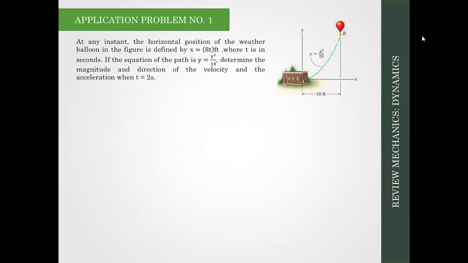natin derive, no? And si y is yung ating position vector, no? Siya yung path nung mismong weather balloon natin. So ibig sabihin, dependent sa kanya yung position nung mismong balloon natin, no? So kung meron tayo nung equation natin na y is equals to x squared over 10, tingnan natin, meron din tayong equation para dun sa x.